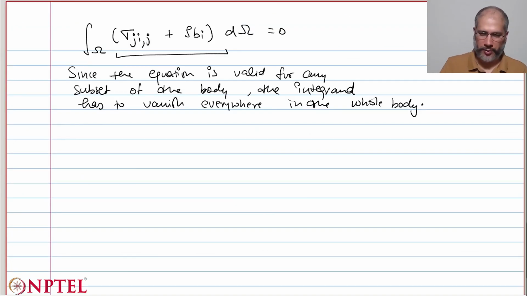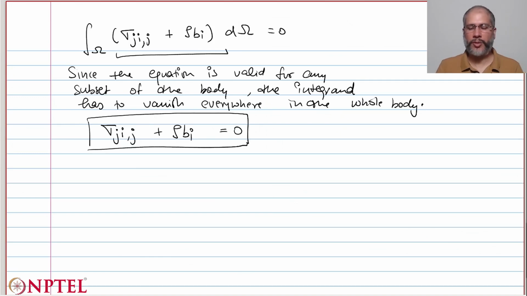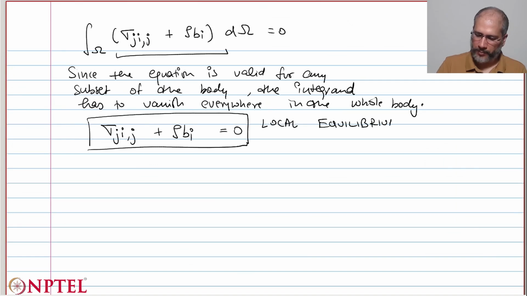So this allows us to write sigma ji comma j plus rho times bi equal to 0, and this equation is famously called the local equilibrium equations. And why do we call them equations? That's because this represents a set of three equations.